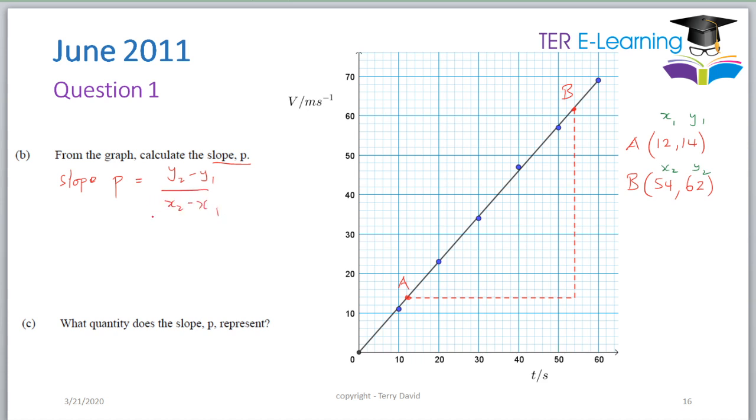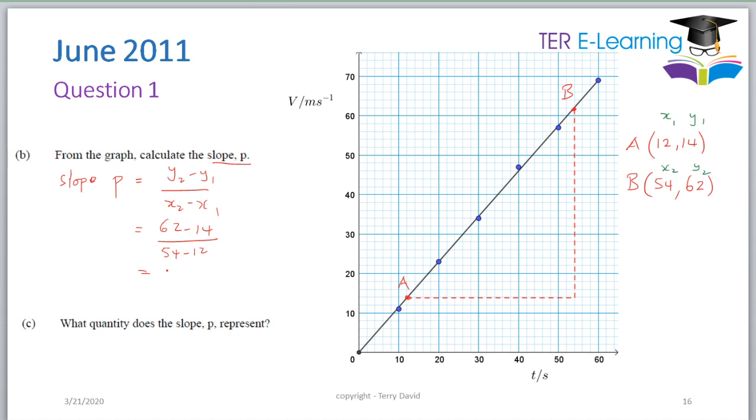You'll need to find slope in CSEC maths, so you should know this formula. Since I've labeled my terms, there's no way I should get confused. So it will be 62 minus 14 over 54 minus 12.